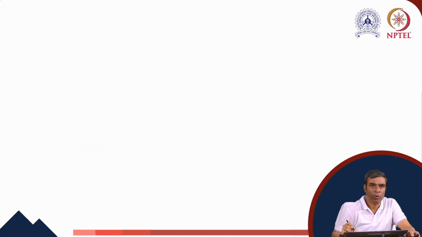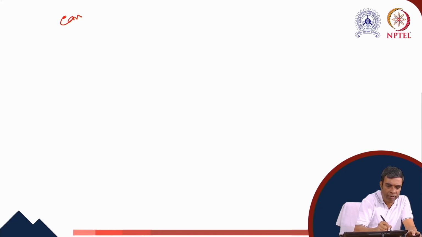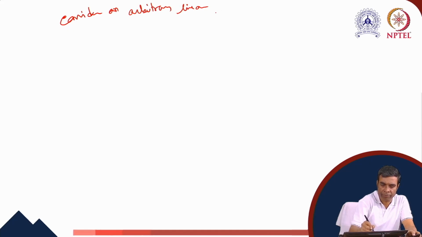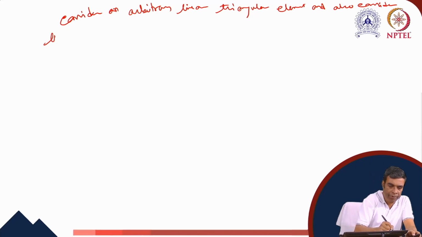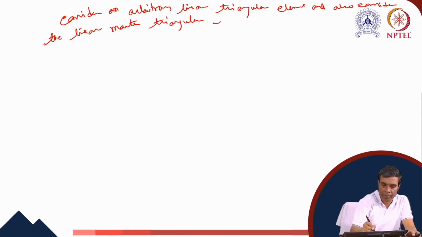Now we correlate the arbitrary shaped triangular element with the master triangular element for linear type. Consider an arbitrary linear triangular element and also consider the linear master triangular element.